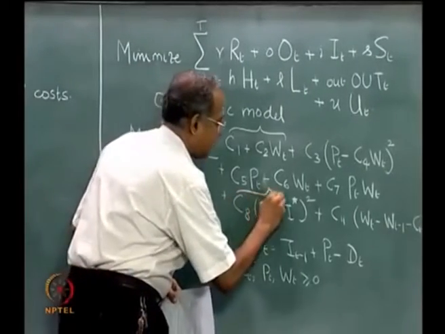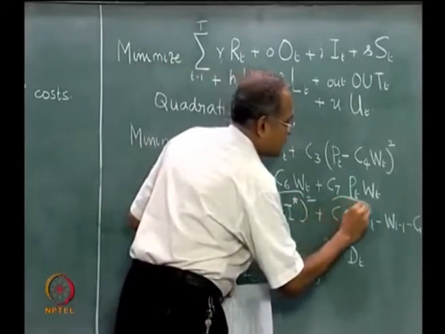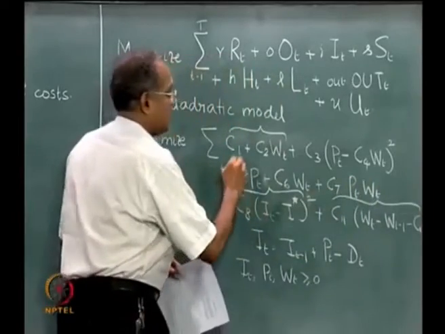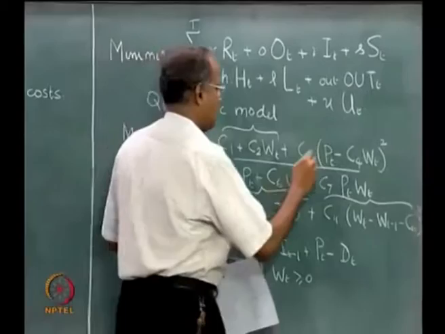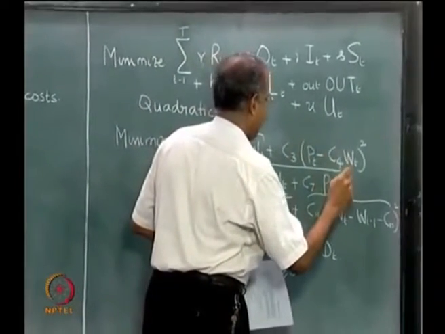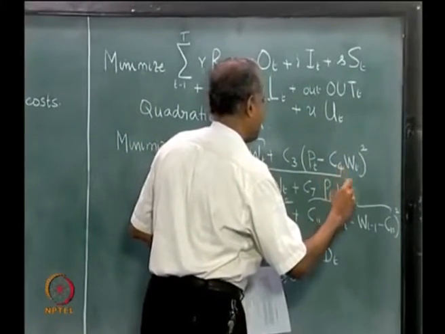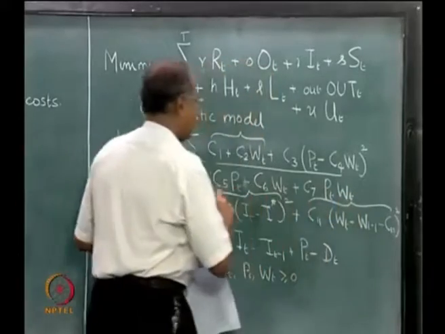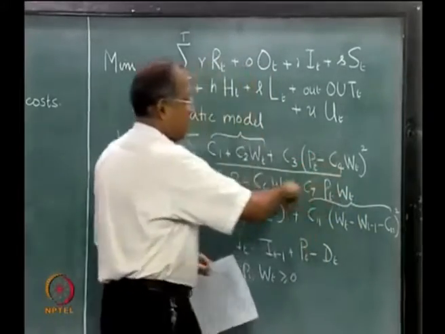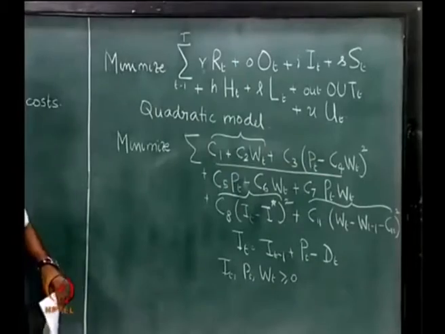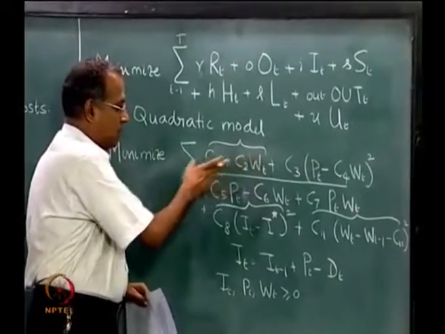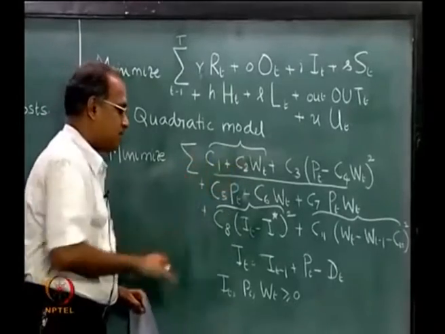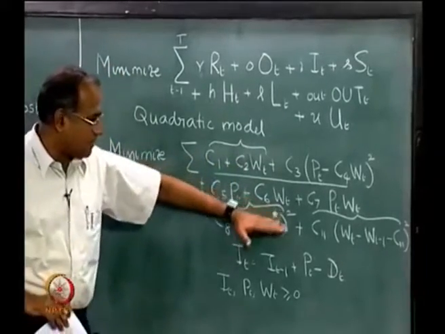So, this is the inventory cost, this is the workforce changeover cost, and this is the overtime cost. This is the overtime cost expanded in a certain form. So, now you realize that this portion is regular time payroll cost, there is a fixed cost and a variable cost. This is the typical inventory cost.